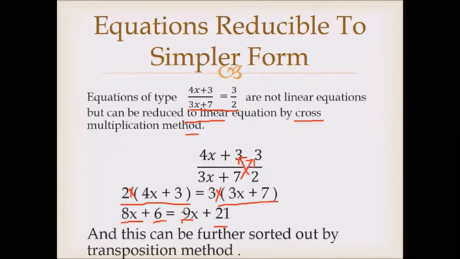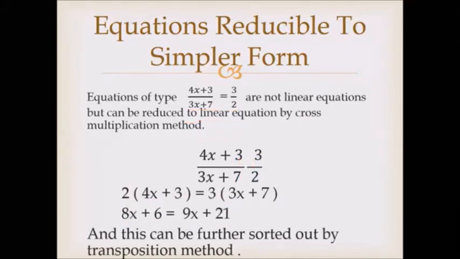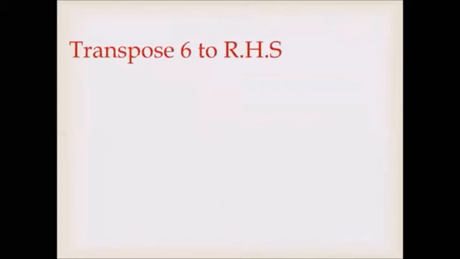Now we can apply it, because both variables and constants are on both sides, right? Then how can we do that? By the transposition method. The next step is to transpose 6 to the RHS. So what does it become? 8x is equal to, because 6 is positive, it becomes negative. Now first we have to solve this number, 21 minus 6.